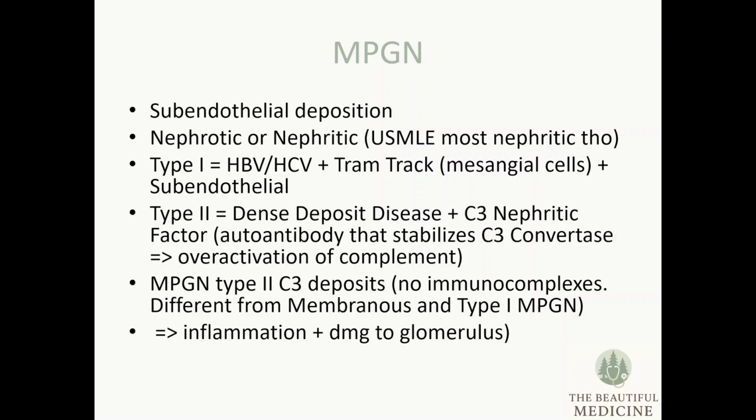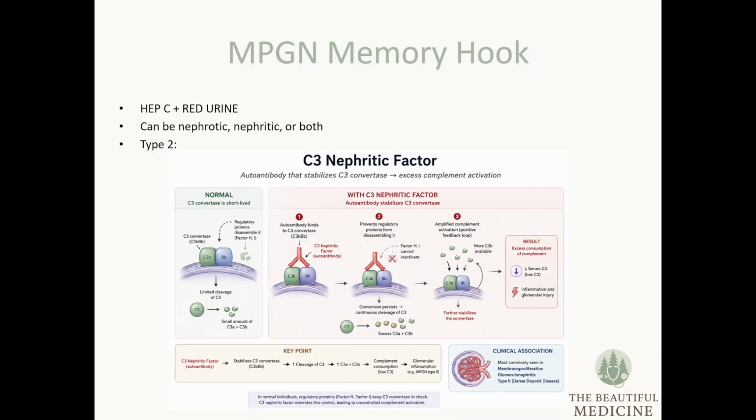Inflammation leads to nephritic. All right, you got that right. So in MPGN type 2, you have C3 deposits, so your C3 levels will be down, and it's different from membranous and type 1 MPGN. So inflammation plus damage to the glomerulus.